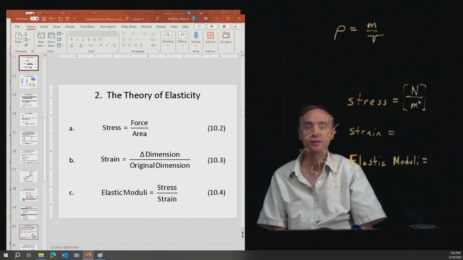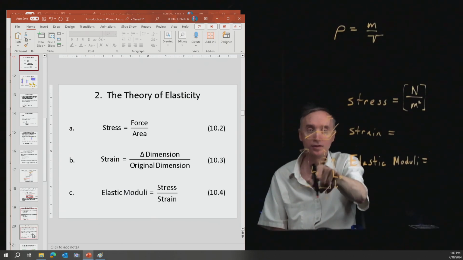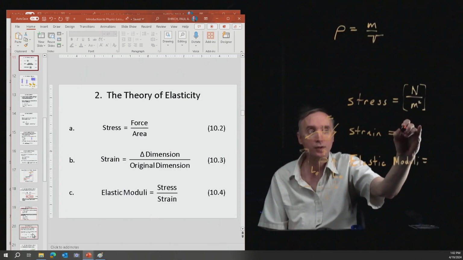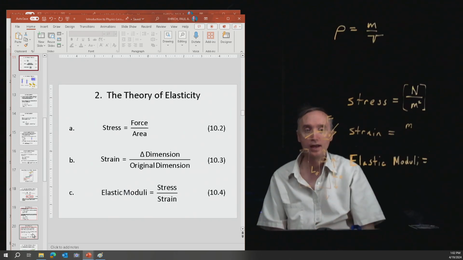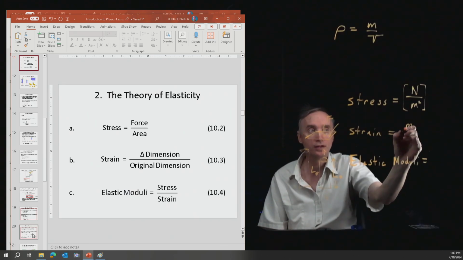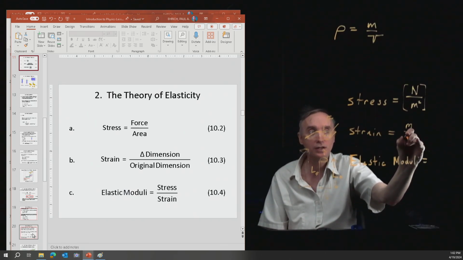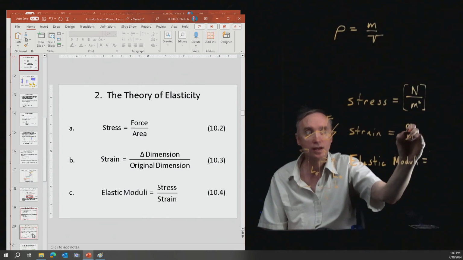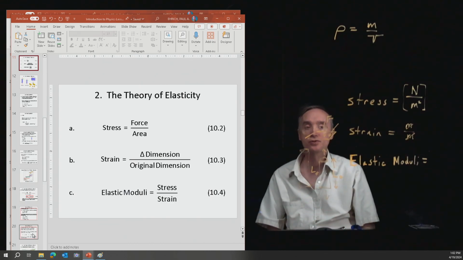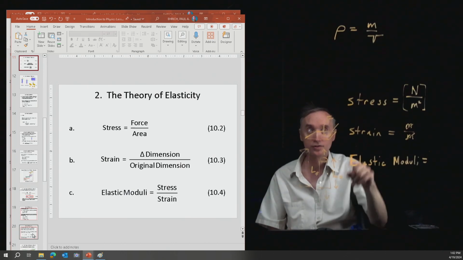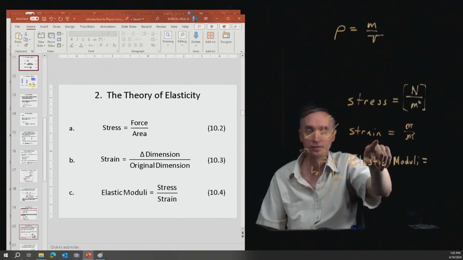So notice that the change in dimension in this particular example would be meters, and the original dimension would be in meters. So notice they cancel each other out. So strain does not have units to it. Stress does, but strain doesn't.